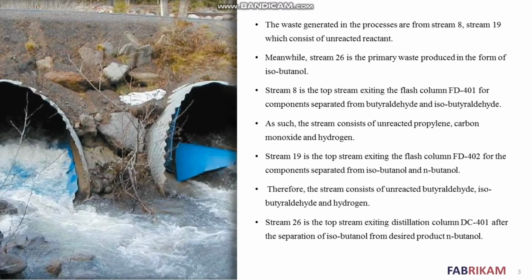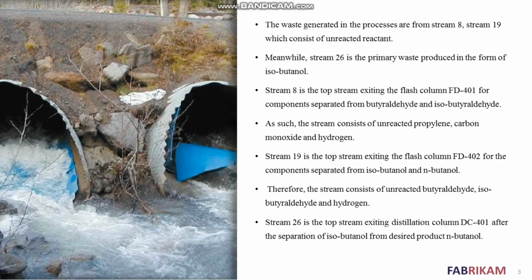The waste generated in the processes is from stream 8 and stream 19, which consist of unreacted reactants. Meanwhile, stream 26 is the primary waste produced in the form of isobutanol. Stream 8 is the top stream exiting the flash column FD401 for components separated from butyraldehyde and isobutyraldehyde. As such, the stream consists of unreacted propylene, carbon monoxide and hydrogen.